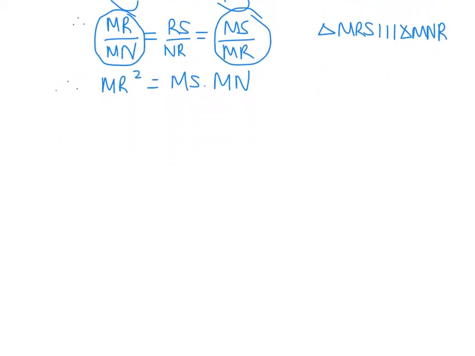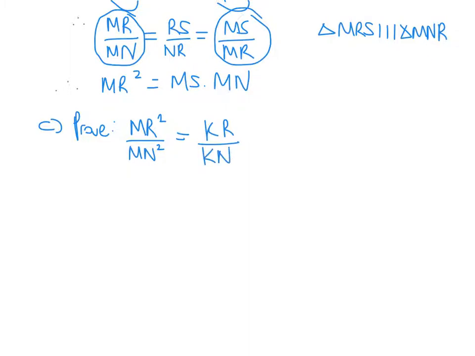They are asking me to prove that MR squared over MN squared is equal to KR over KN.